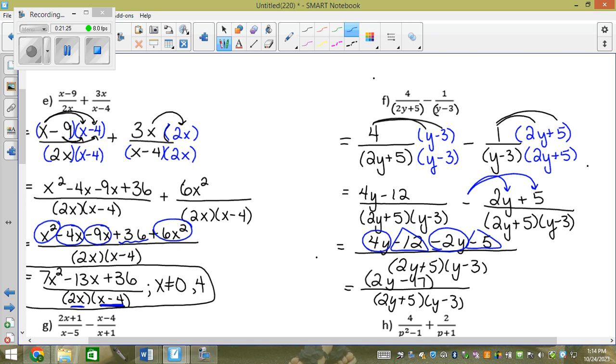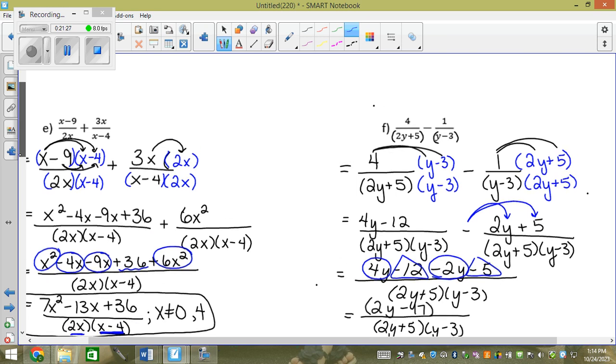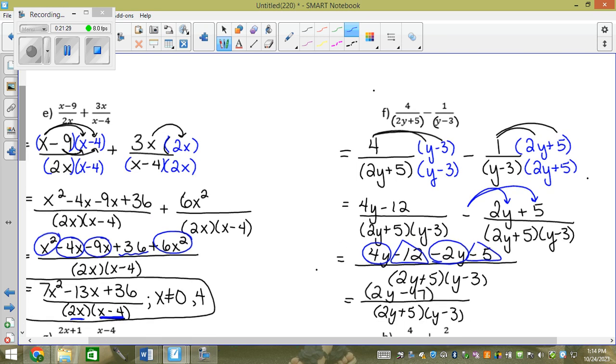Now, how do I get my NPVs? Some people get stuck on the NPVs. So I see this one, the y minus 3, and I say, okay, well, make that bracket a 0. Y can't equal 3. That one's easy. The 2y plus 5 confuses people. So what you can do is you can go y minus 3 can't equal 0, and move your 3 over and say y can't equal 3, right?